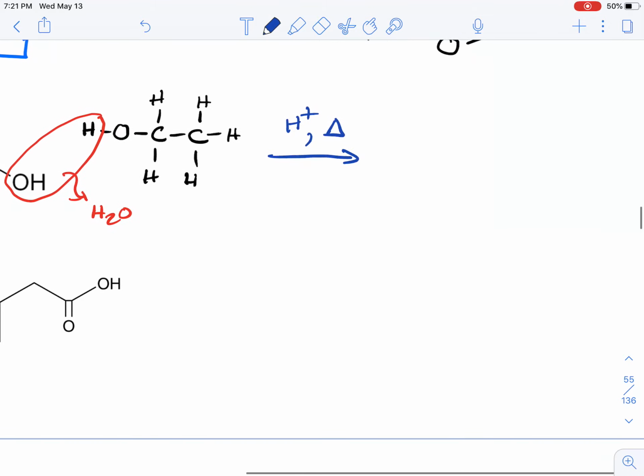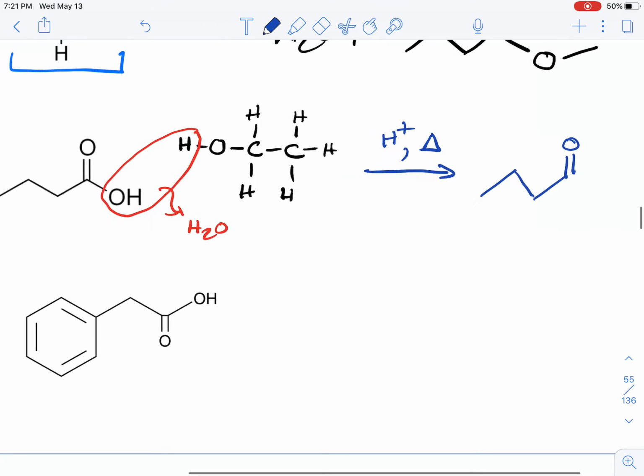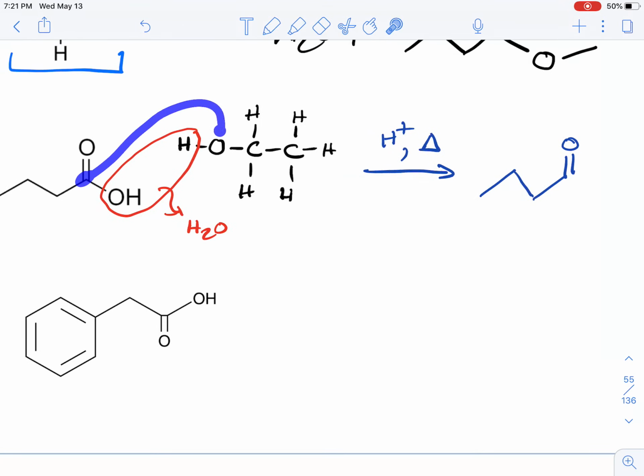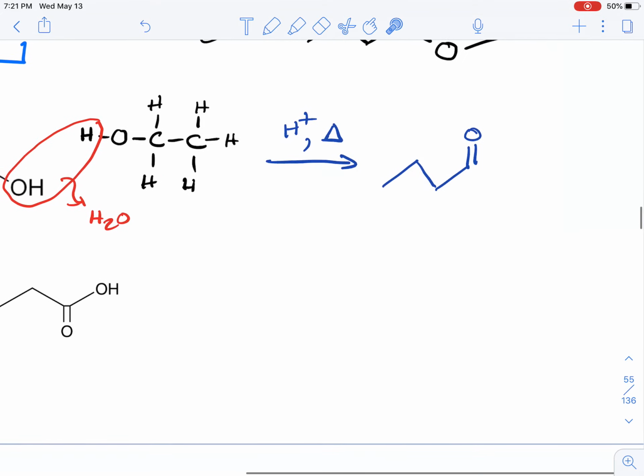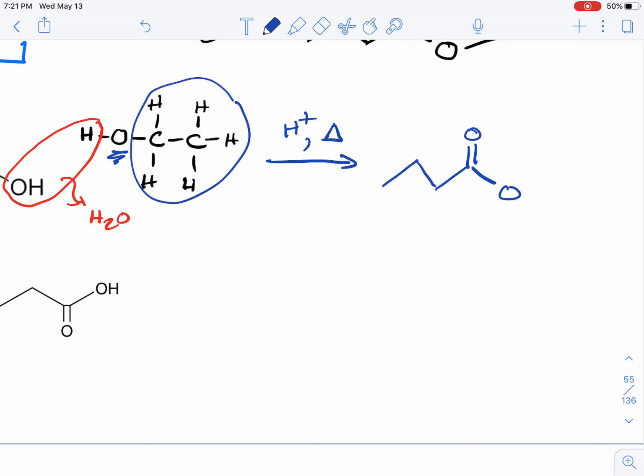The 4th carbon has the carbonyl, and the 4th carbon will be bonded to this oxygen. Let's go ahead and quickly do that. Oops, wrong pen. And then now that I'm here, I'm going to draw this part in.